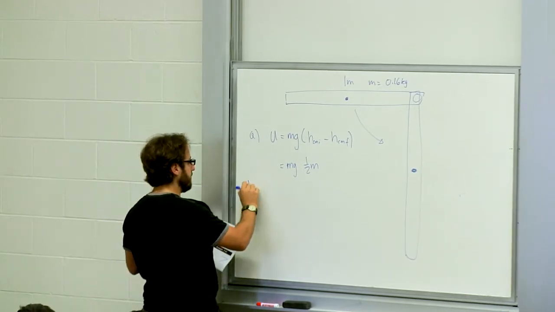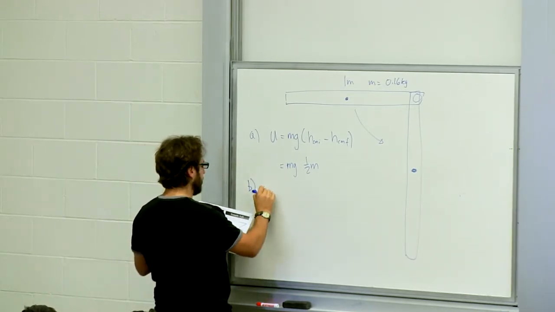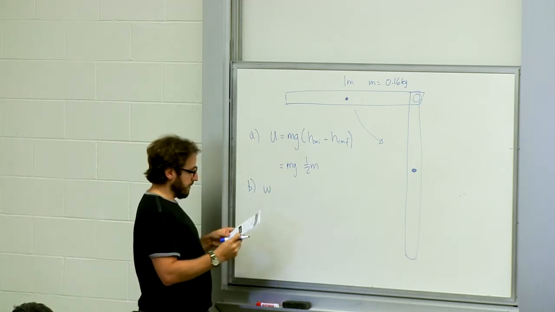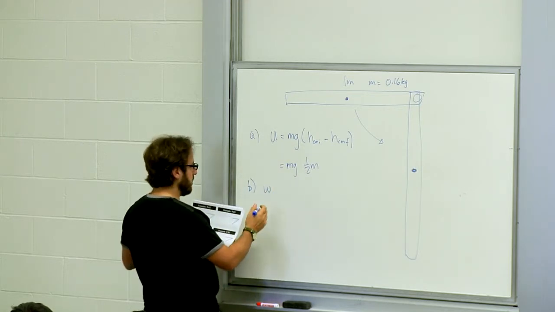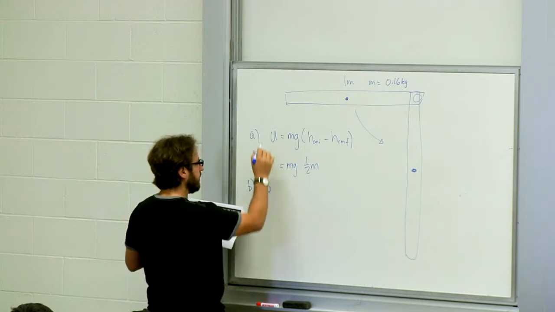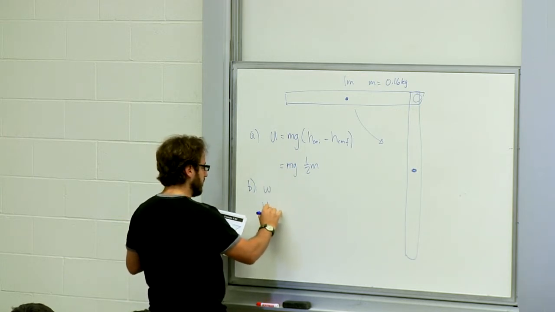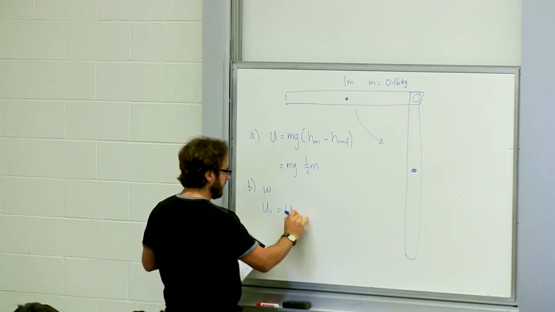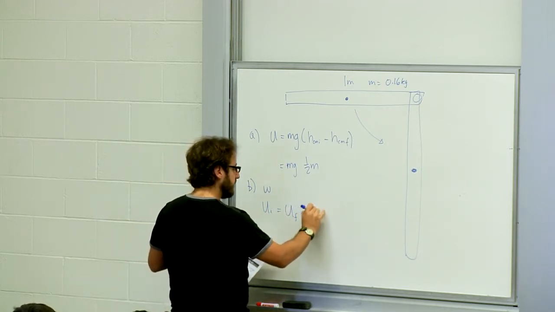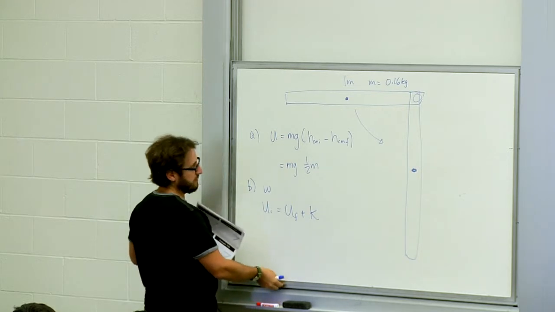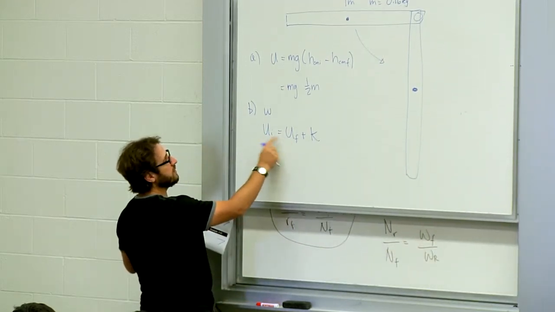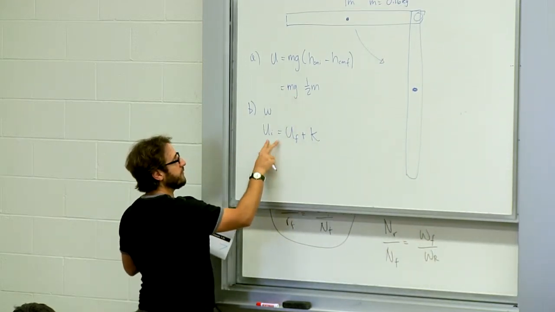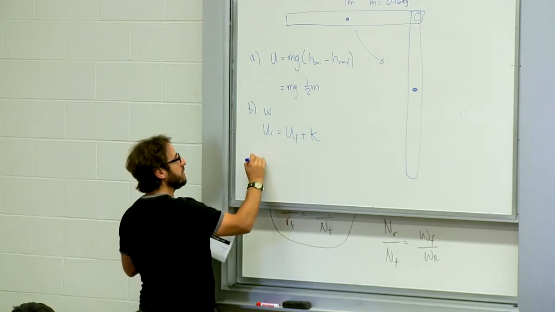Okay, and then they say, find the angular speed of the stick. Well, initially we have potential energy, and finally we have potential energy plus kinetic energy of rotation, right? We already know what this is, we just calculated it, the difference between these two potential energies, right?